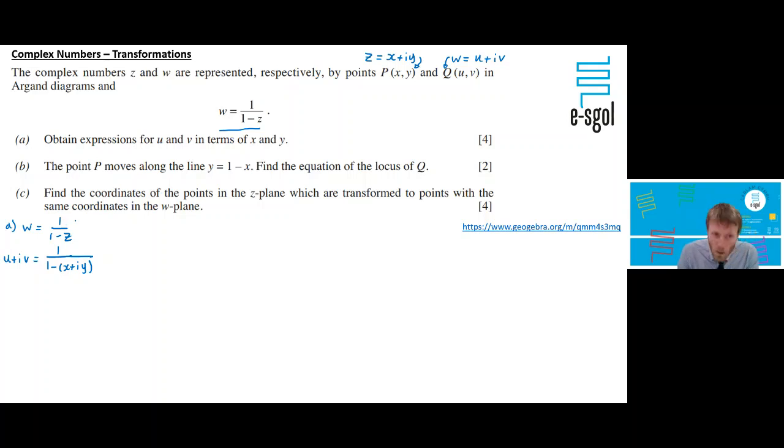Now, because it's talking here about obtaining expressions for u and v in terms of x and y, if possible you want to keep the u and the v on one side and the x and the y on the other side. So let's just continue here.